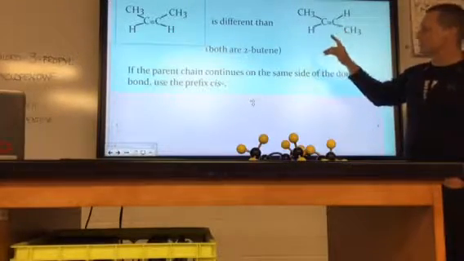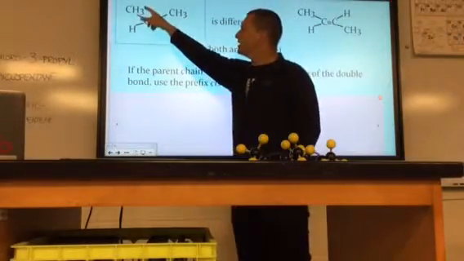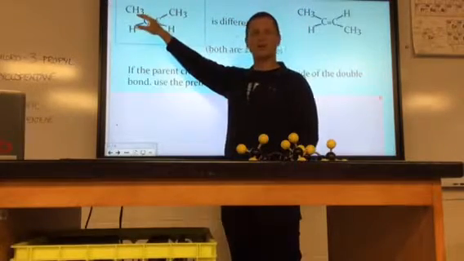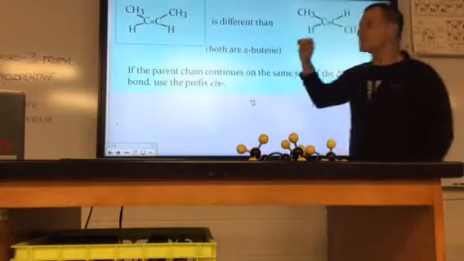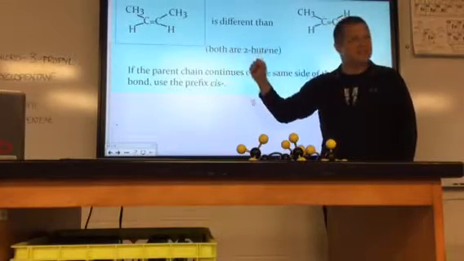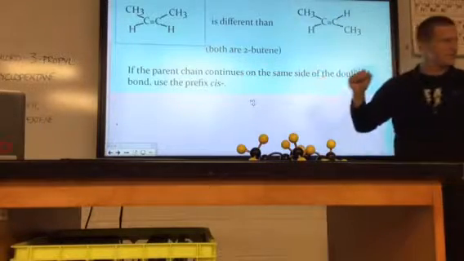Here's what we do to name them. If the parent chain continues on the same side as where it started, so if it ends on the same side as where it started, we'll still call it 2-butene, but we stick a prefix on the front of it, cis. C-I-S. Cis.